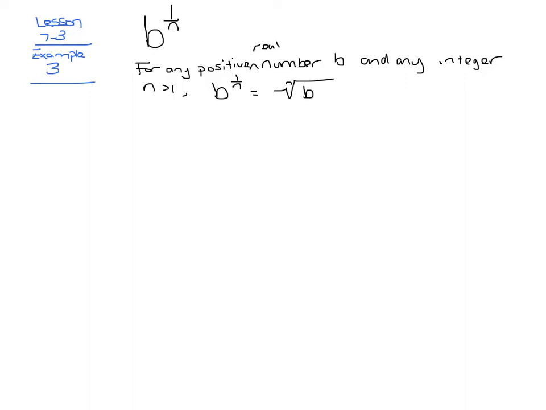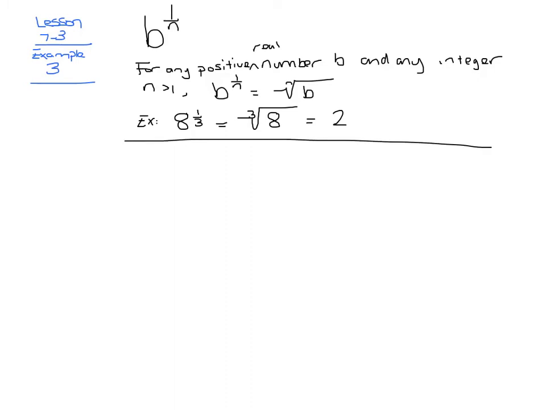Notice how the n is the nth root and b is your radicand. So an example of this would be 8 to the 1/3 power. And 8 to the 1/3 power would be the 3rd root of 8, which is just 2. And so that's the key concept there.